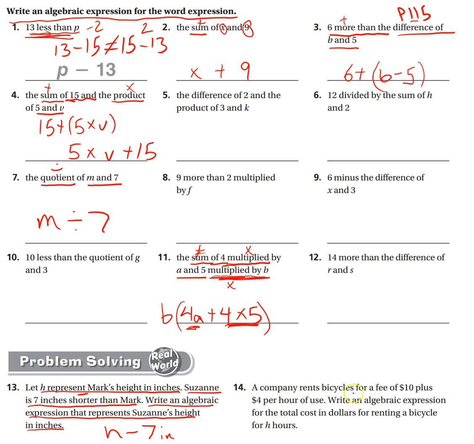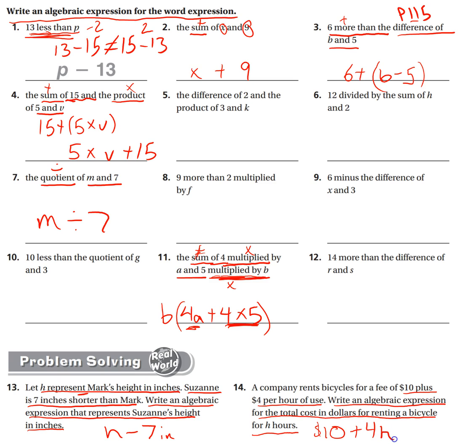Okay, a company rents bicycles for a fee of $10 plus $4 per hour of use. Write an algebraic expression for the total cost in dollars of renting a bicycle for H hours. So a fee of $10, that's just everybody pays the $10 no matter how long they ride it, plus $4 for every hour after that.